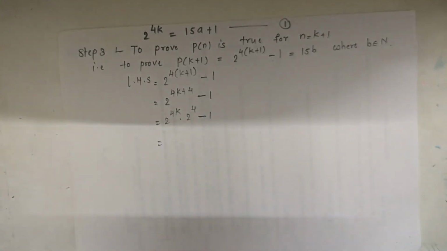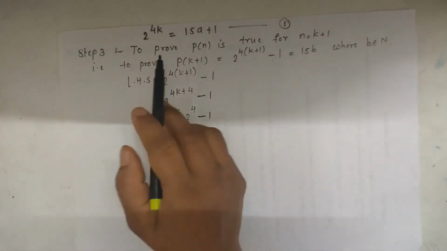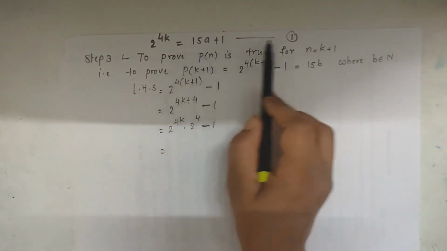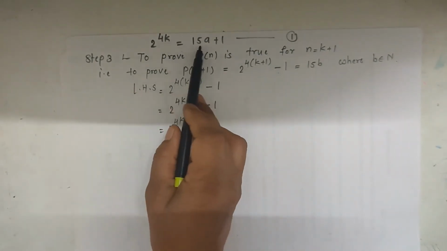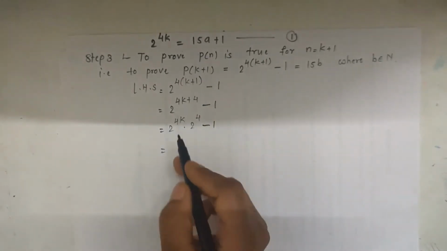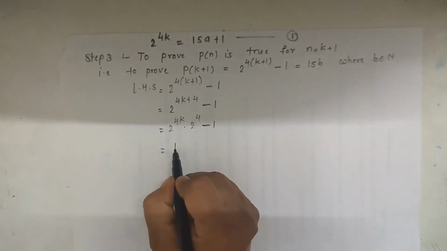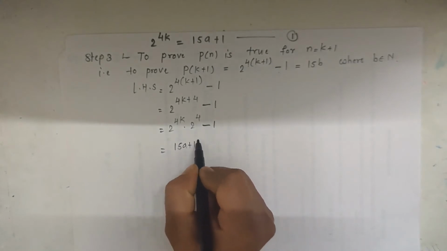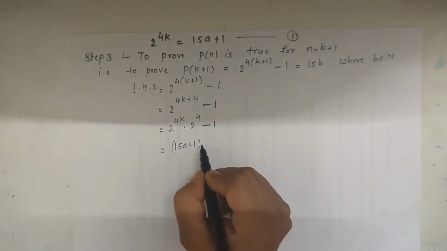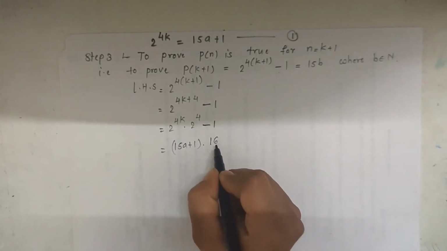Again, from equation 1 and step 2, we know that 2 raised to 4k is equal to 15a plus 1. Here, instead of 2 raised to 4k we write 15a plus 1, and the value of 2 raised to 4 is 16.